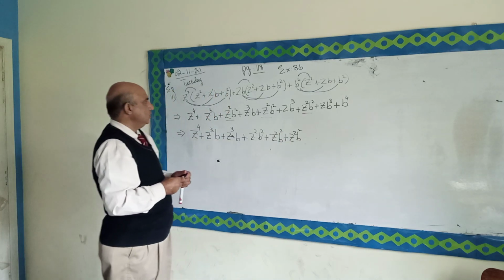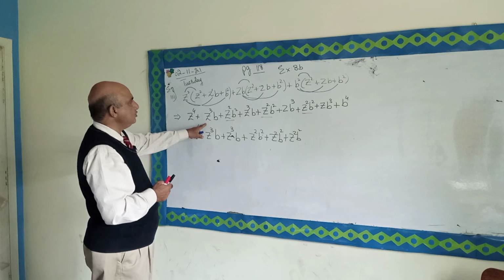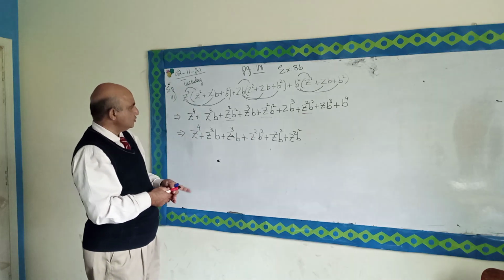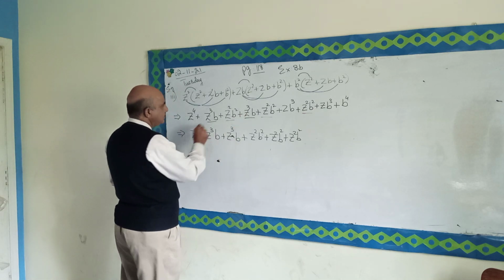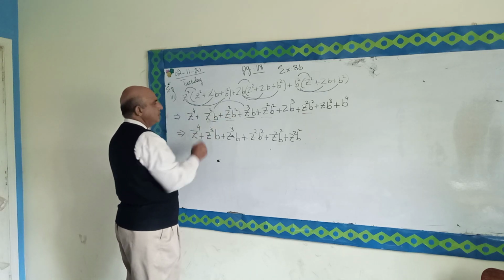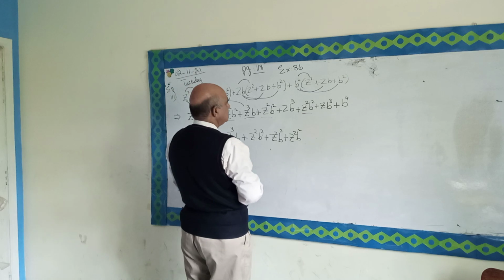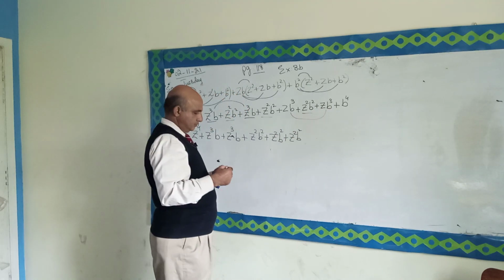Now here there is only z cube b and z cube b. These are the two. Now here we have zb cube. There are two zb cube and one b to the power 4.